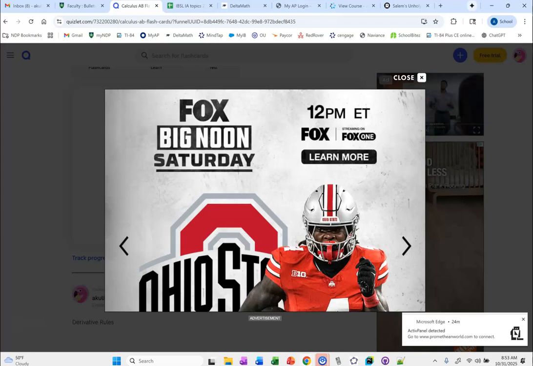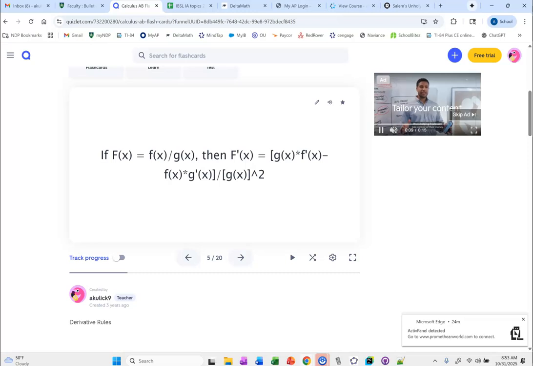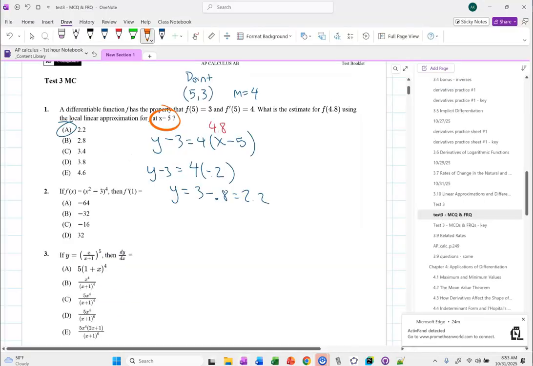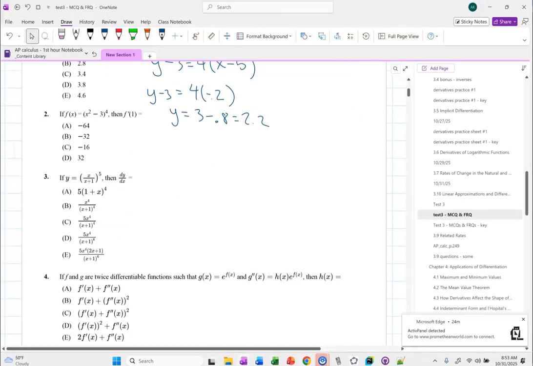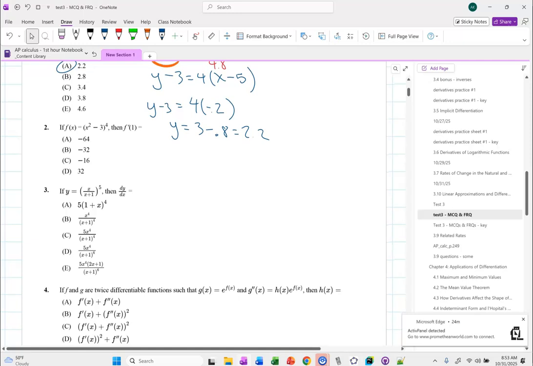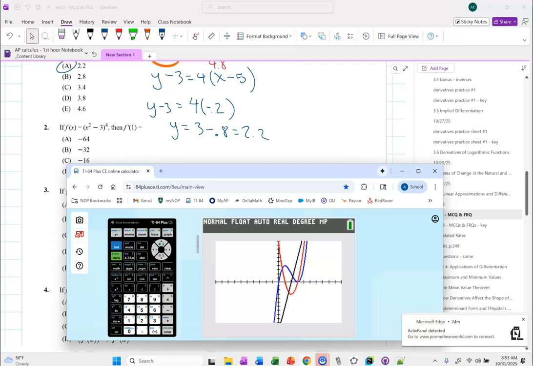Can you perchance do that one earlier? This one, number 2? Yeah. On the calculator, man. If I have access to the calculator, that's what I'm using, right? If I don't, that's a different story.